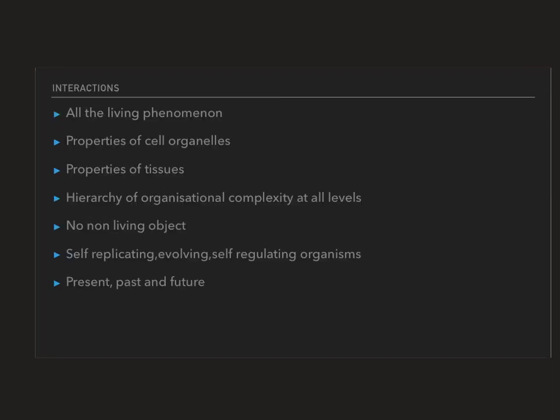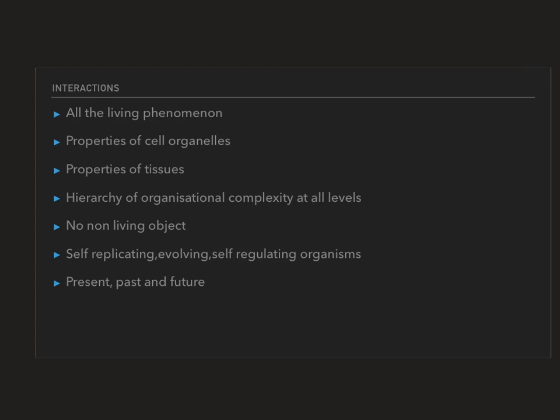Understood? Now interactions. All the living phenomena are underlying due to interactions. I'm going to explain this by taking two examples. One example is that properties of cell organelles are not present among its constituent molecules. Properties of cell organelles emerge due to interactions among its constituent molecules. Another example, properties of tissues.